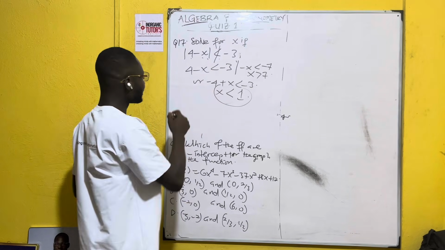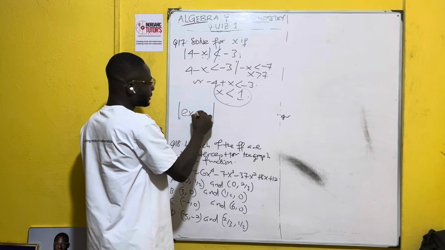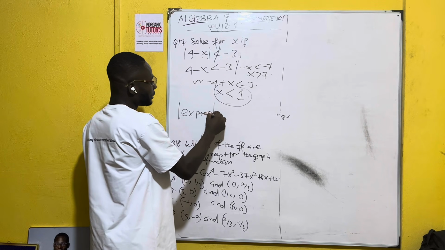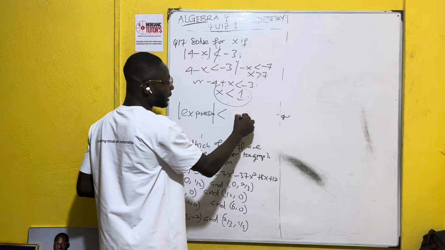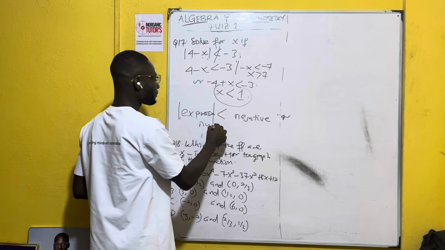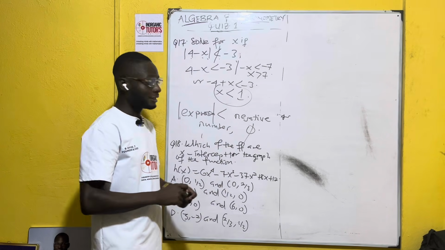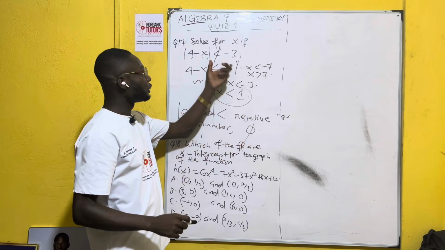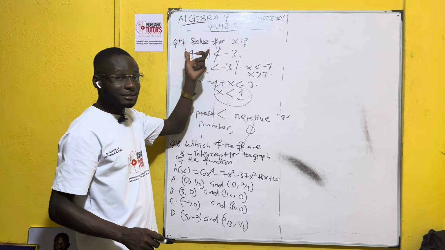Once you see an expression inside an absolute value and it's less than a negative number, already it is an empty set. It is an empty set because you can never have an absolute value less than 0.